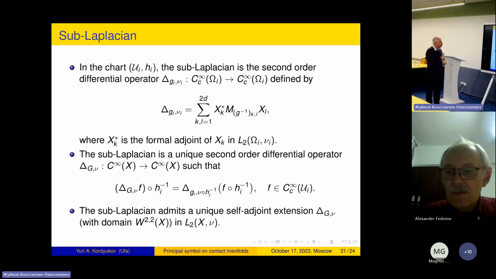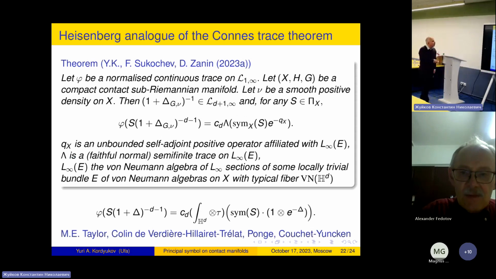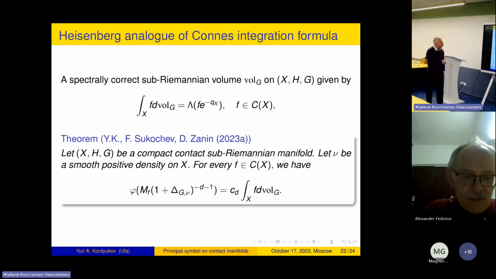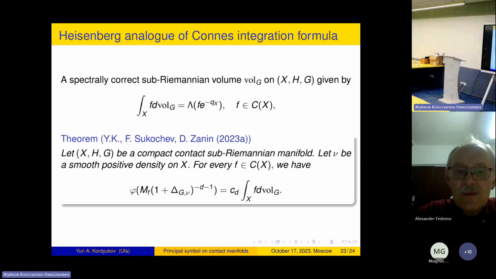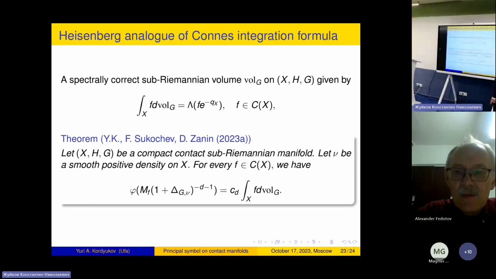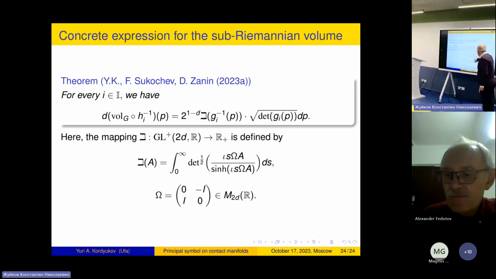We can also define an analog of the sub-Laplacian on a contact manifold. We can also state such a Heisenberg analog of the Connes trace formula, but I will just show you the Heisenberg analog of the Connes integration formula. In this case we have the spectral volume. Again, we have some measure here, but it's not the Riemannian measure, but we have such a formula for this measure in this case. So this is the term which is the Riemannian measure, but we have an additional term which is written here. Okay, thank you very much.